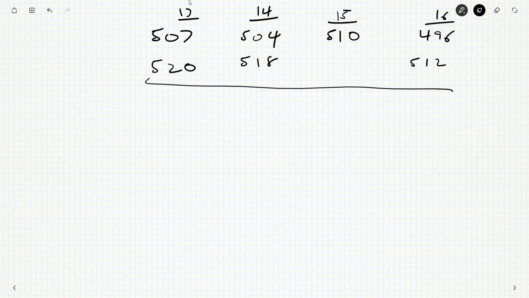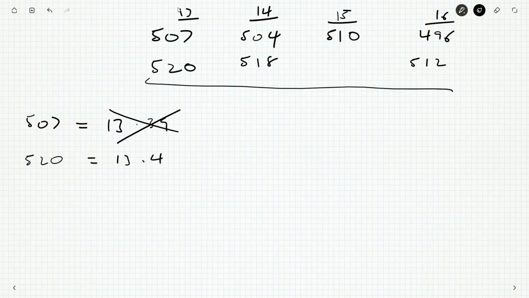And I already know what my n has got to be in each of these cases. There is no overlap. So 507, n is 13, and then what's left over? 39. Well, those aren't relatively prime, so you've got a problem there. 520 would be 13 times 40. Also, you should probably go smallest to largest here.